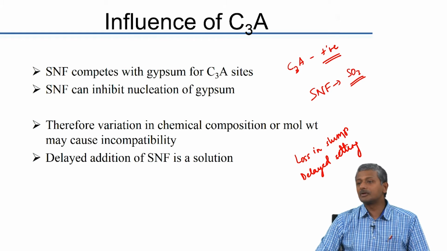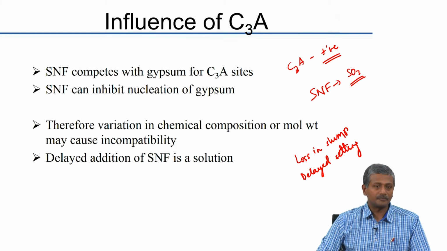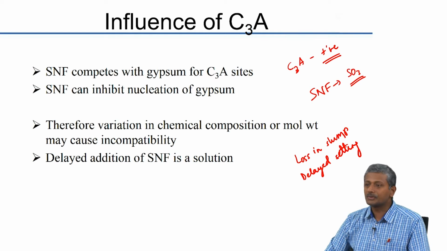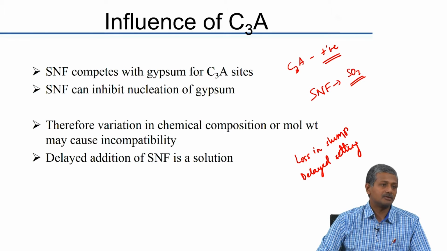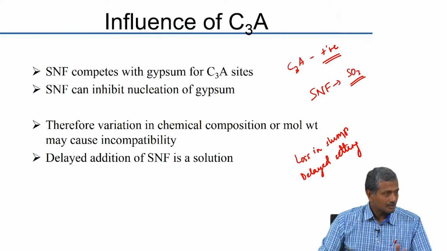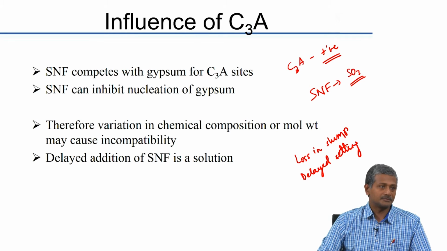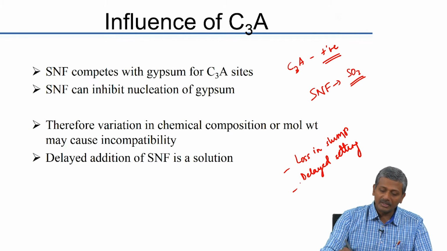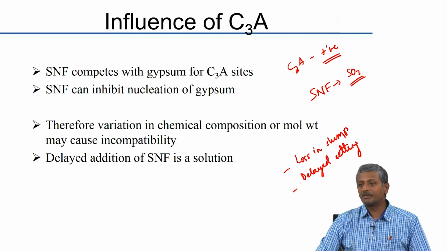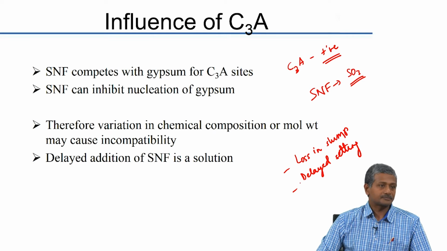Again, why delayed setting? Because your C3A needs to react with the gypsum to produce the ettringite that leads to the initial stiffening and setting of the cement pastes. Now, instead of that, if it is combining with the superplasticizer sulfonate, then it is not really going to be leading to the right kind of reactions that lead to setting. Okay. So, loss in slump and delayed setting together can really affect the performance of concrete on the job site.